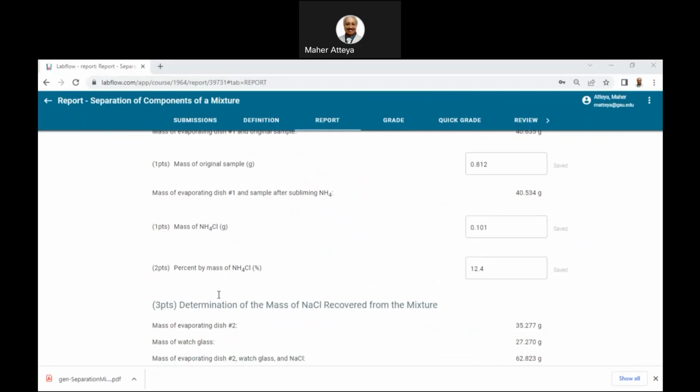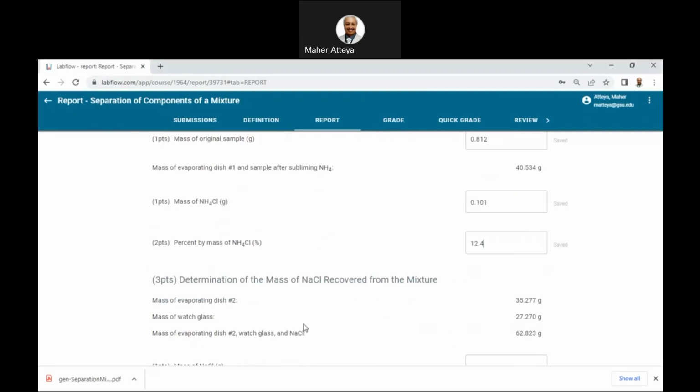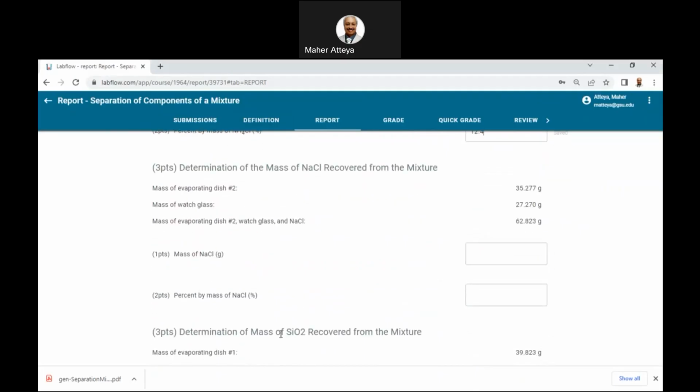So 12.4%. Now, mass of evaporating dish 2 is this.